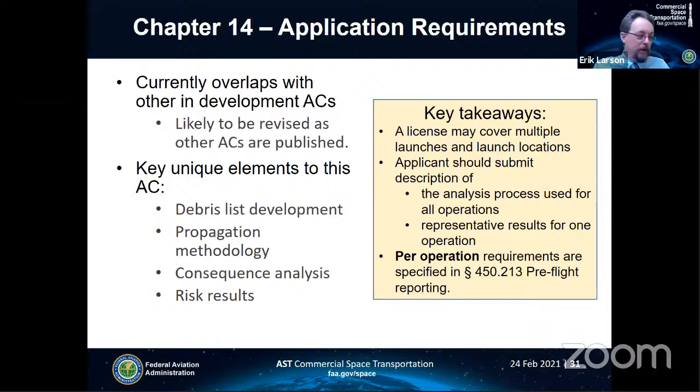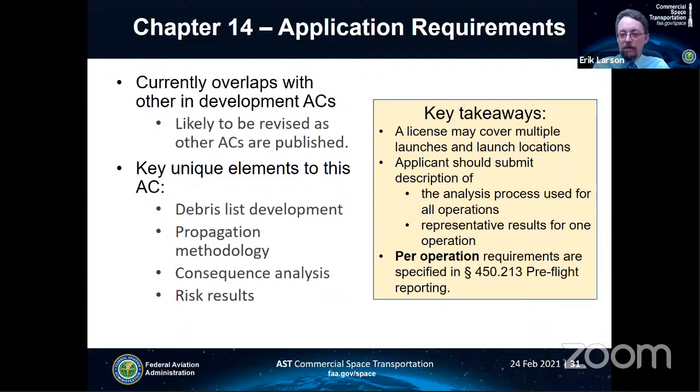Not the results for every operation at the time the license is submitted, or for the results that would cover all of those. Instead, it's here is the process which is sufficient, and your assertion that you will then follow that process for subsequent operations. But the per operation requirements, that I mentioned a little bit before, are specified actually in section 213, the pre-flight reporting section.